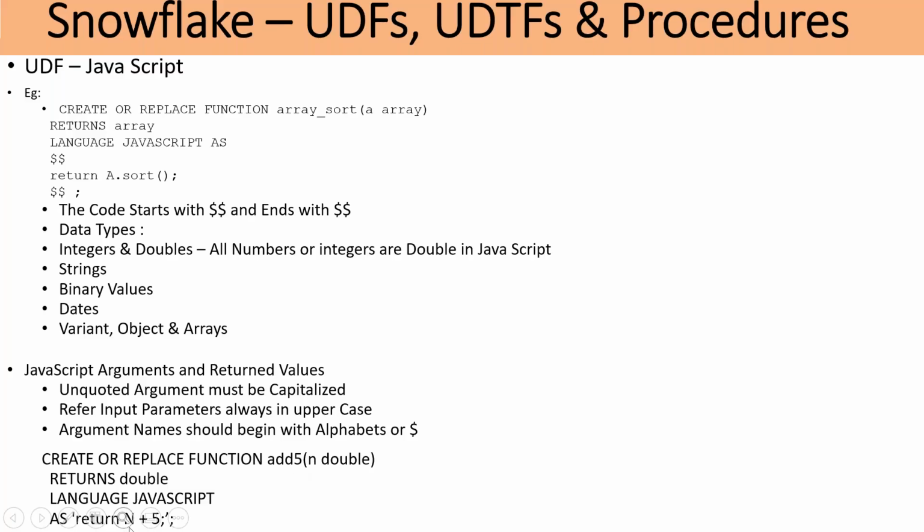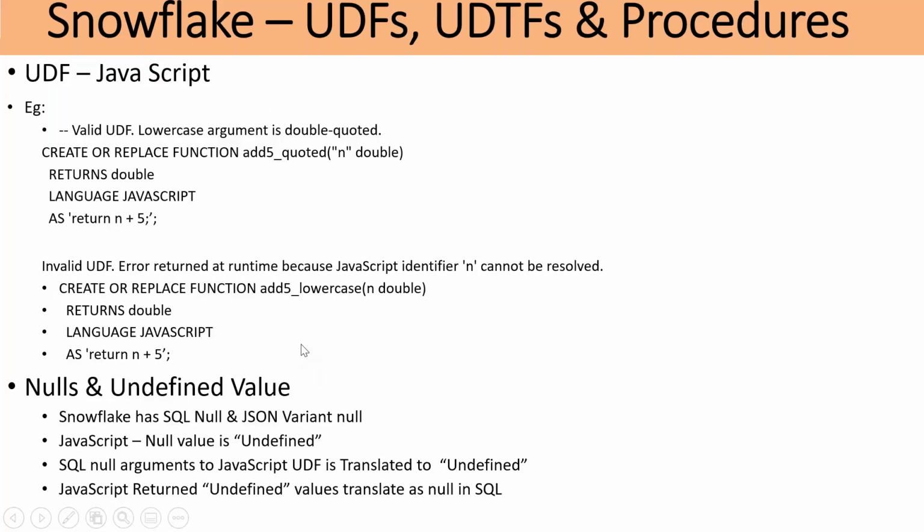You have to capitalize it, and then it shows you small. If you write it like this, N plus 5, then only it can understand. Or in other cases, you can write double quotes around n, and you can define the small n here.